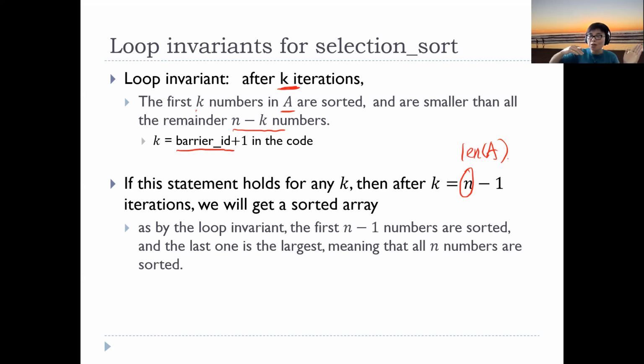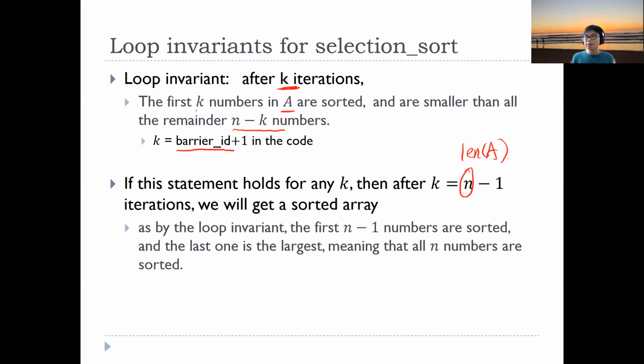And we also know that the first n minus 1 numbers are smaller than or equal to the last one. In other words, the last one left has to be the largest. That means that all these n numbers are sorted. So if this loop invariant holds for every iteration, then after k equal to n minus 1 iterations, this loop invariant implies that our algorithm returns a sorted array at that moment.